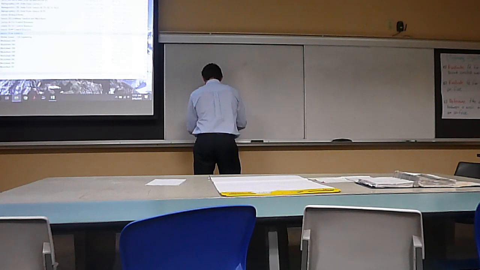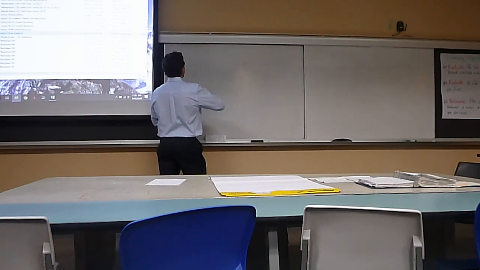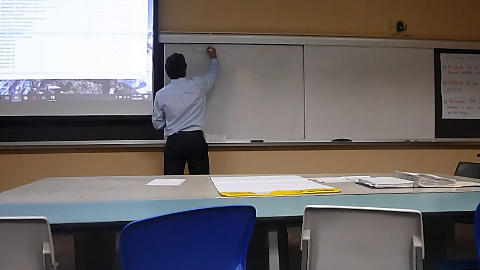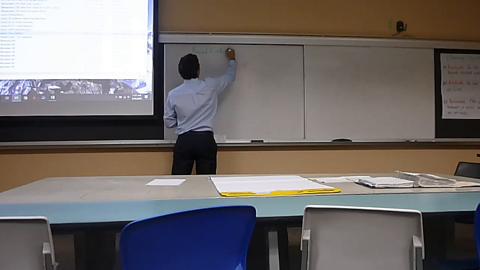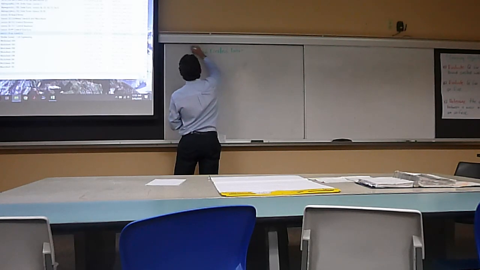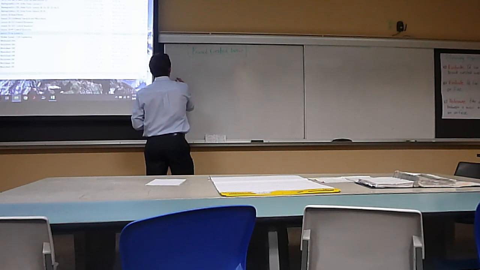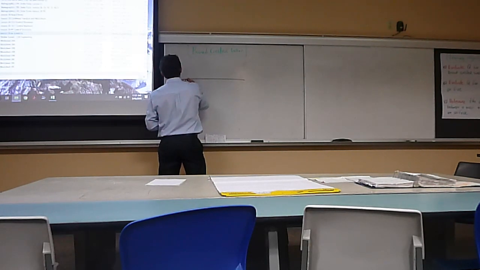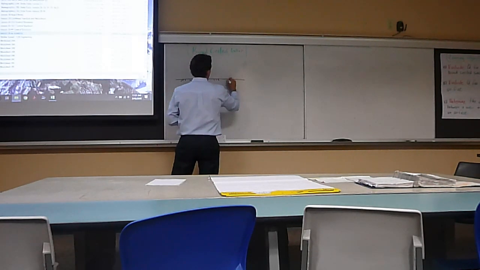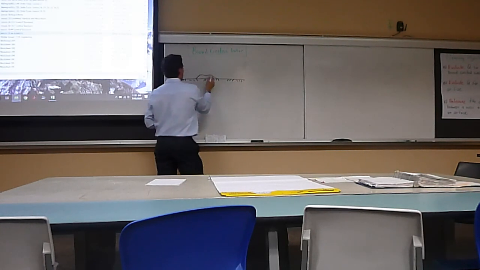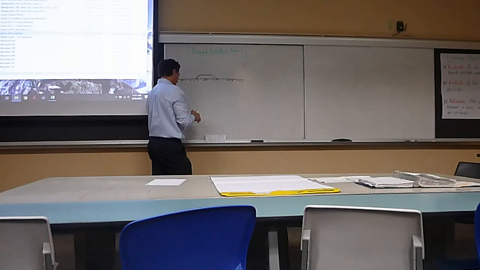So for a broad-crested weir, what we have will be something like this. We've got our channel bed, and we have an approach and a downstream ramp for our broad-crested weir.